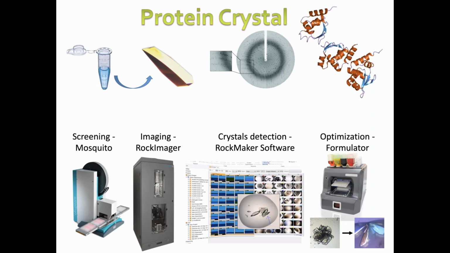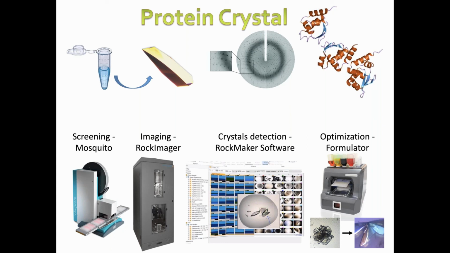The Formulatrix imager, for instance, allows us to automatically image and capture high-quality images of the different crystallization conditions. It's much better than old times when we needed to remember what was in each one of the drops.